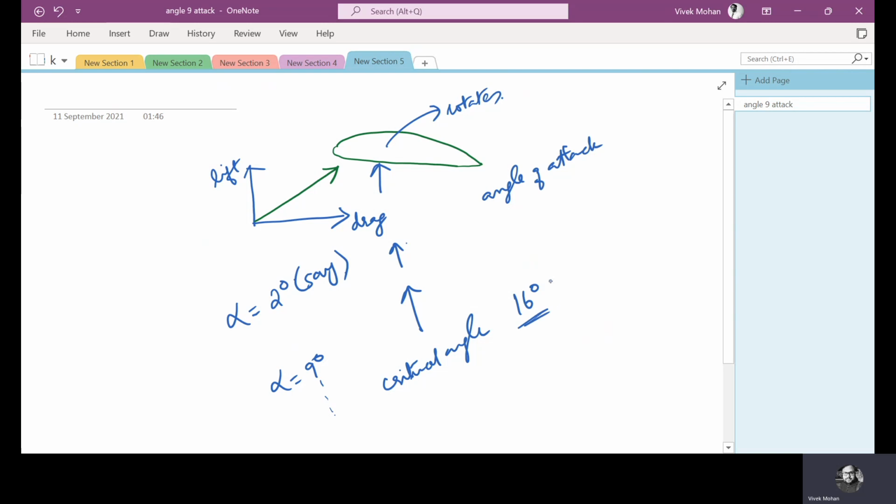So beyond 16 degree, if the angle of attack increases, the lift decreases and the drag increases. That means the power output will decrease, because the lift is the force which moves the turbine. Drag is the force which tries to slow down the turbine.